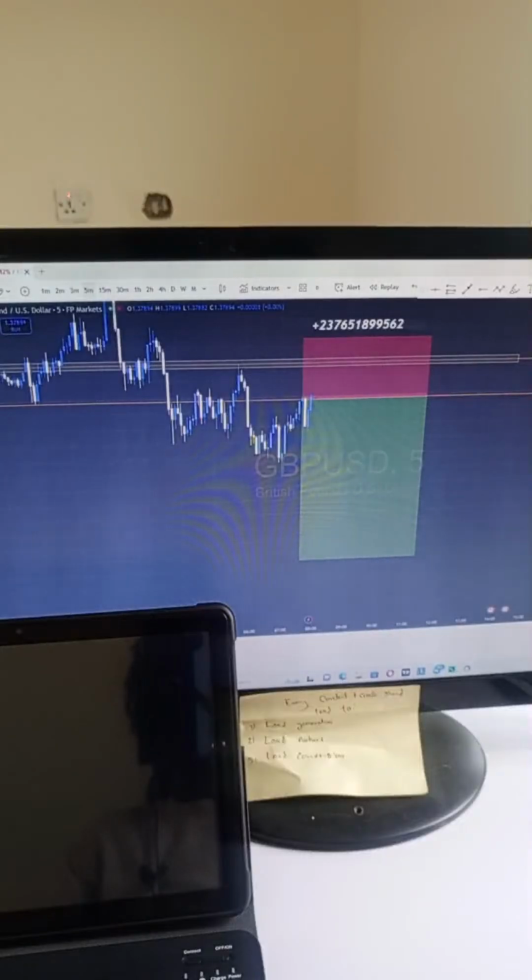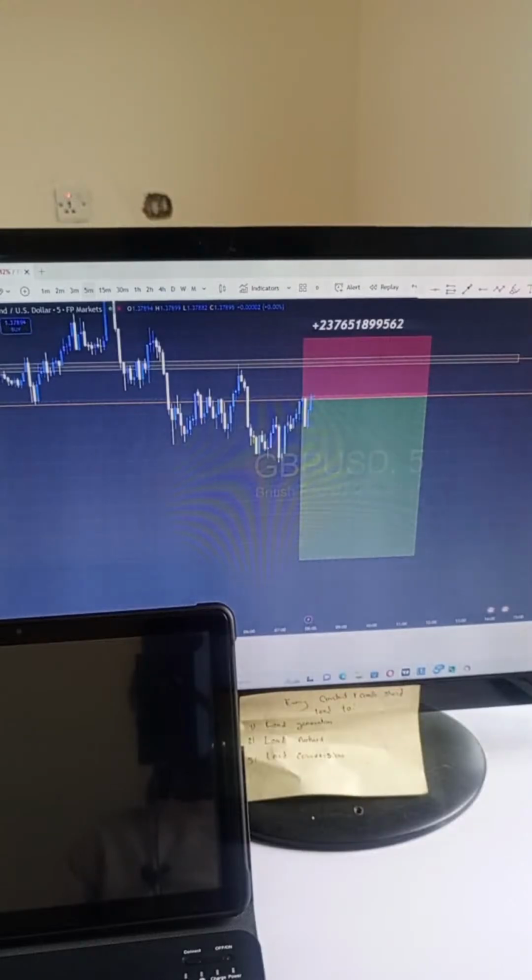Imagine risking $100 to make $100. When you lose, where do you go? Back to zero. But if you're risking $100 to make $200 or $300, you need to lose 2 to 3 times to go back to break even. You get? So don't play with your risk management. It means a whole lot to your success.